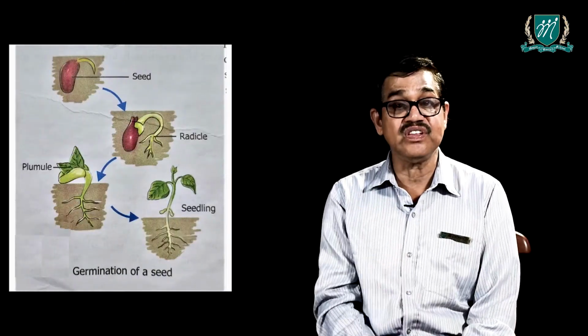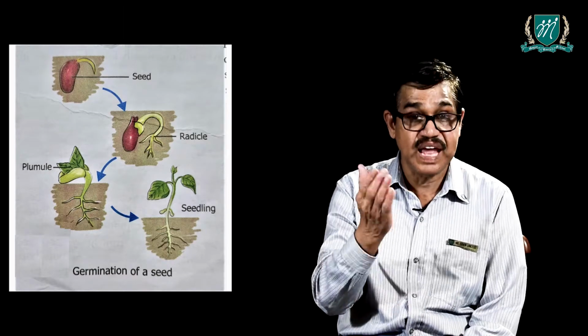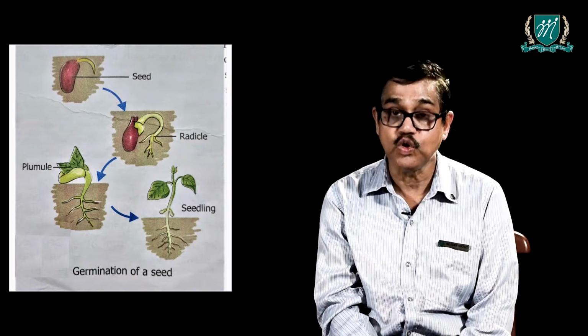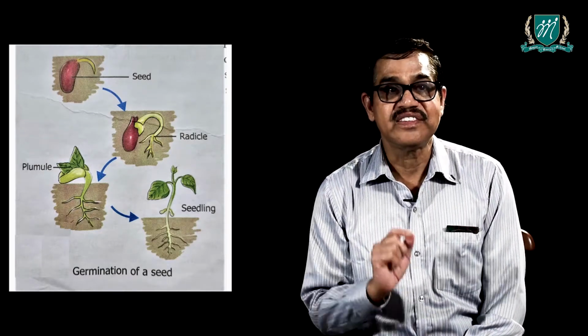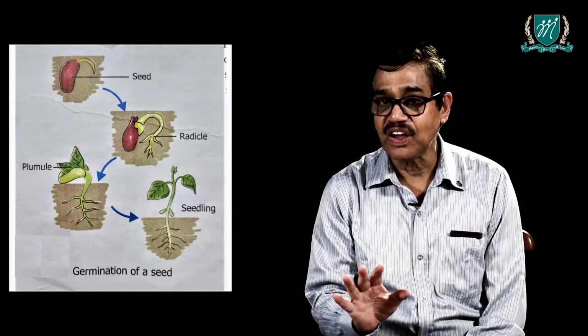The embryo is inside the seed, which grows into the upper part called the stem, and the radicle is the lower part, which becomes the root structure. Essential conditions for germination are water, air and warmth. Without that, a seed will not germinate.